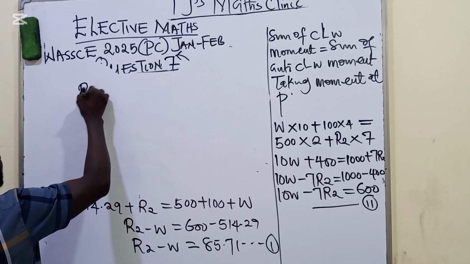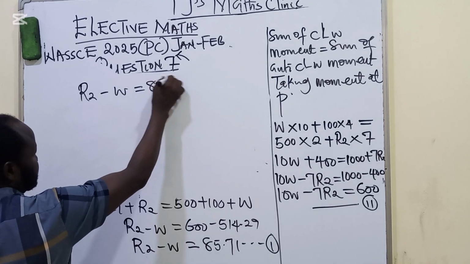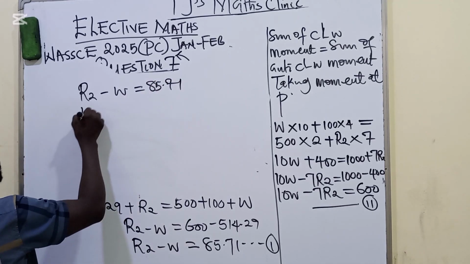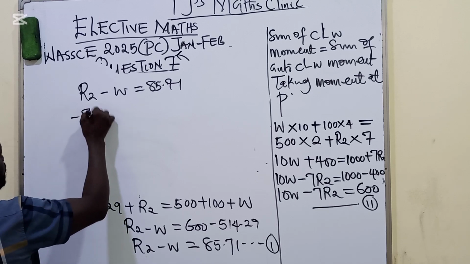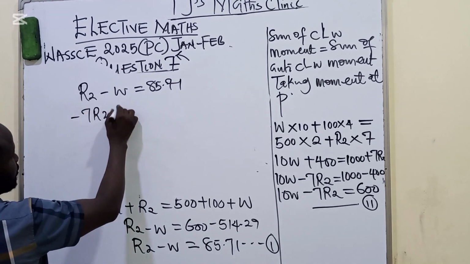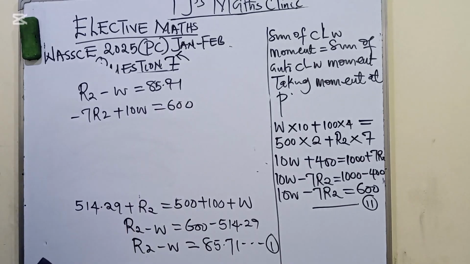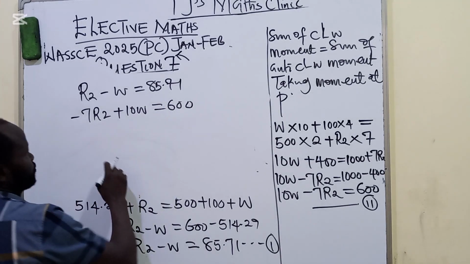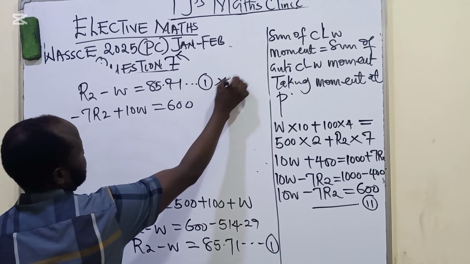Equation 1, R2 minus W is 85.71. Equation 2, let me bring R here. That's 7R2 plus 10W equals 600. Let's say we want to eliminate W to find R2. This is equation 1, multiply this by 10.